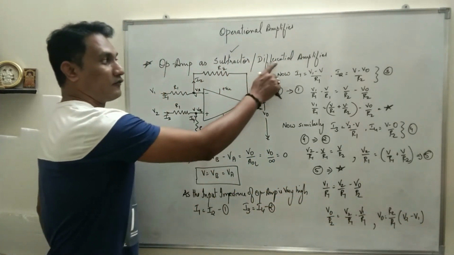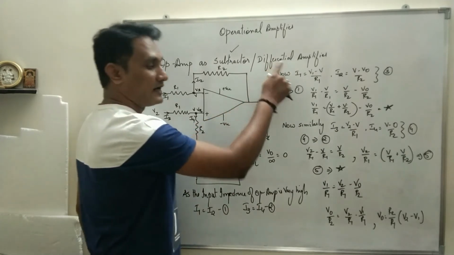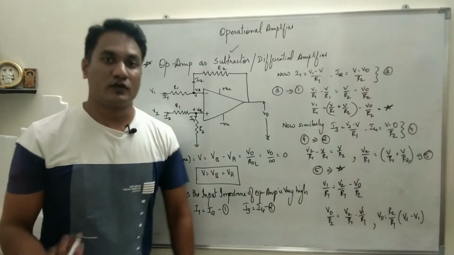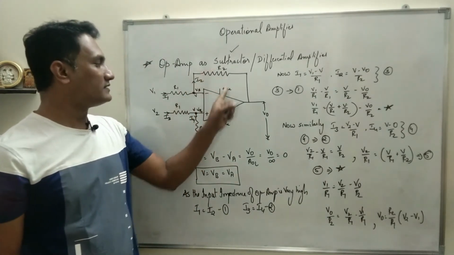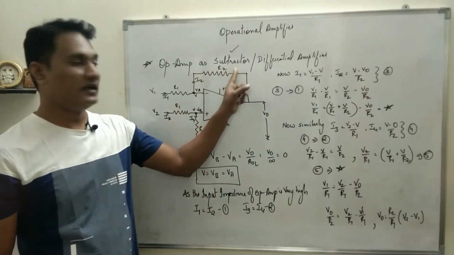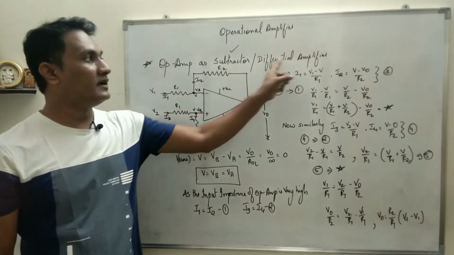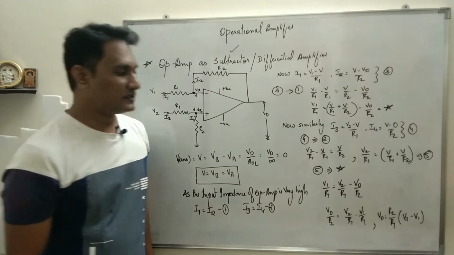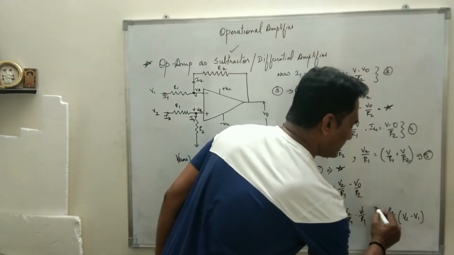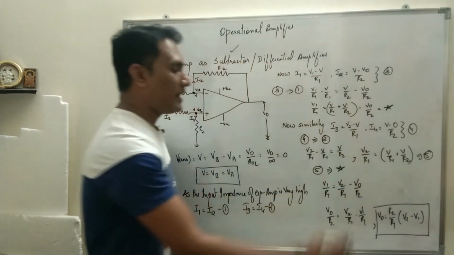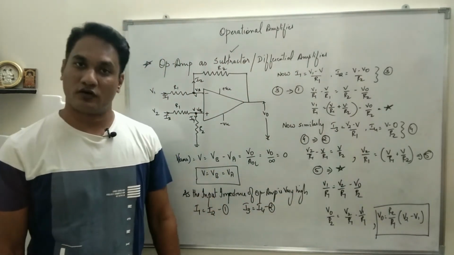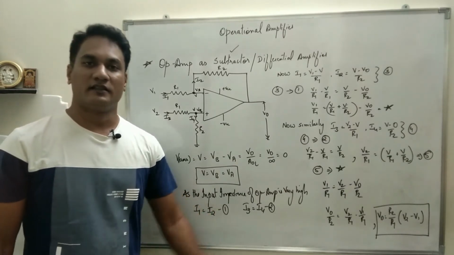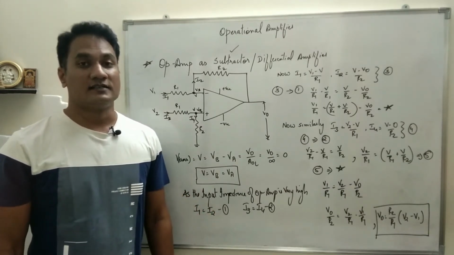So of course it will be a differential output, and it also works as an amplifier. If all the resistance values are the same, it works as a subtractor. If R2 is more than R1, it works as a differential amplifier. So this is the output voltage equation for op amp as subtractor, and of course op amp as differential amplifier, and if I make R2 equal to R1, the same circuit can be used as a subtractor.